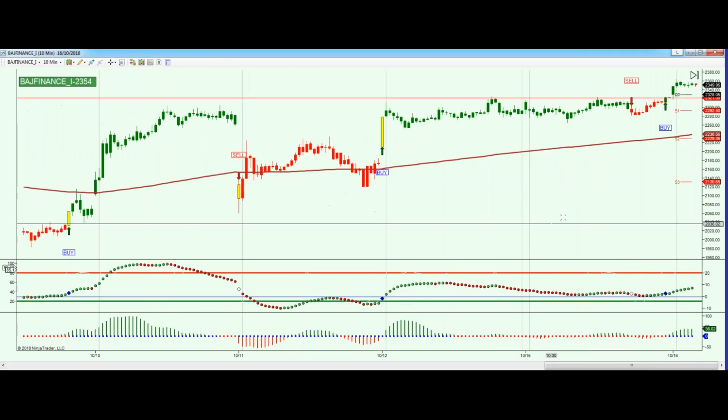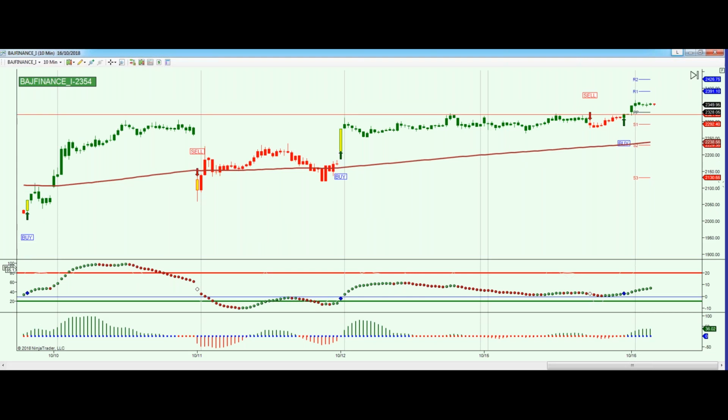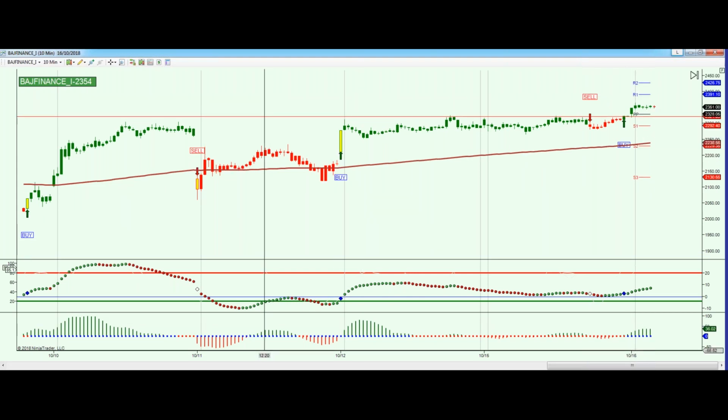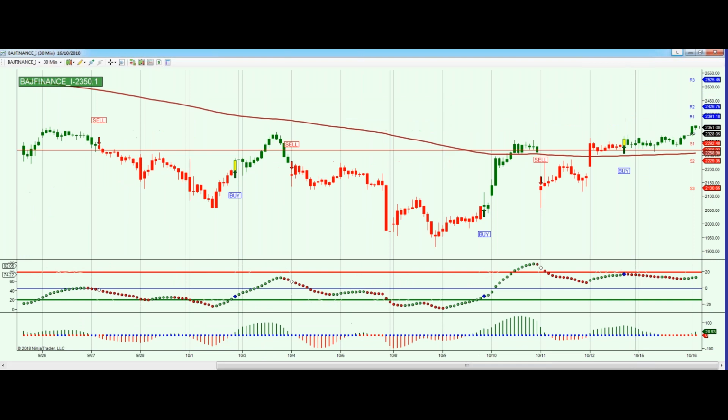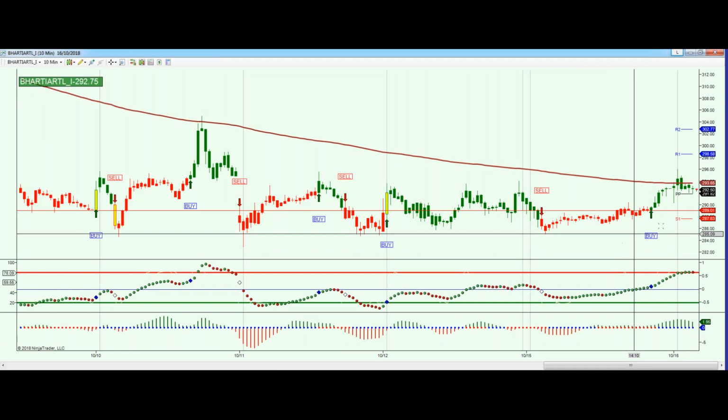So that's Bajaj Finance for you. The buy entry was 2326. Now it is at 2350. Bharti Airtel, my entry was 294.30.